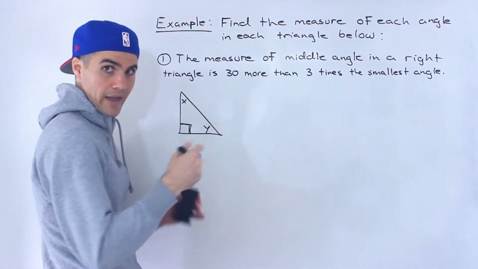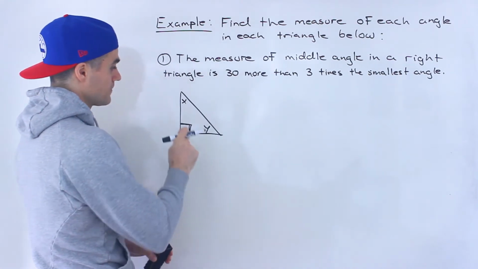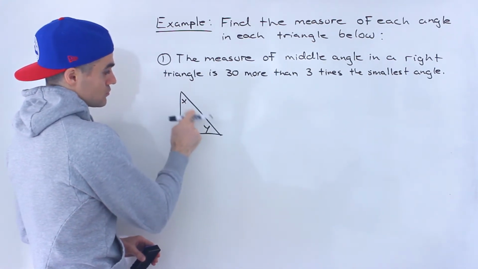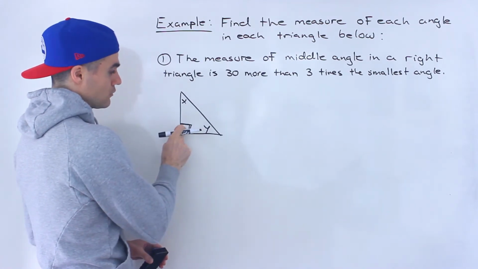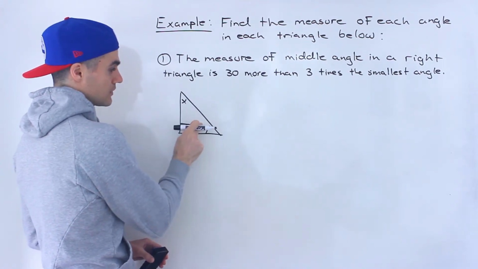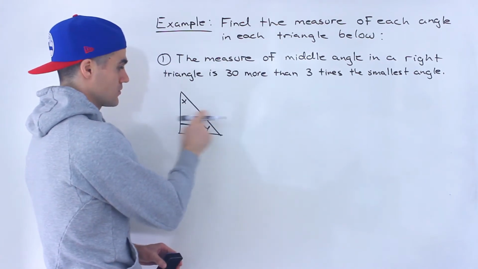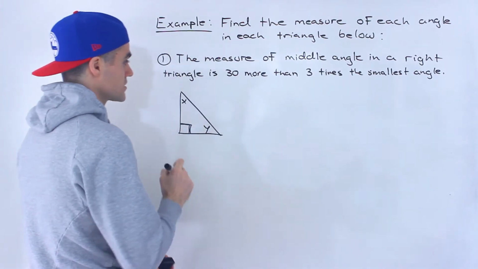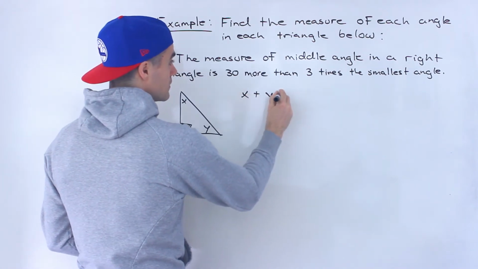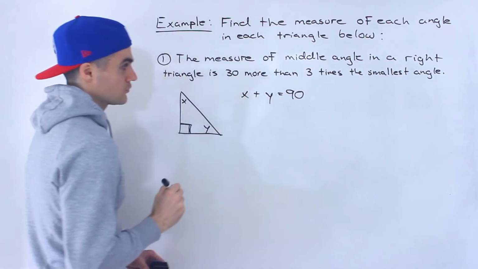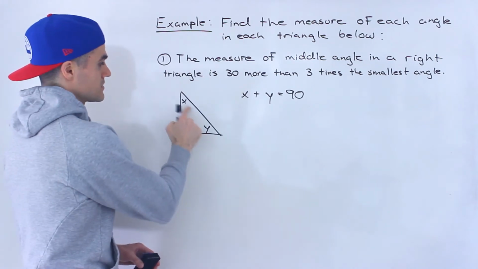The total angles in a triangle add up to 180. That means these 2 angles, when you add them up, have to equal 90, because 90 plus 90 would give us 180. So one of the equations we can make is x plus y is equal to 90 degrees.